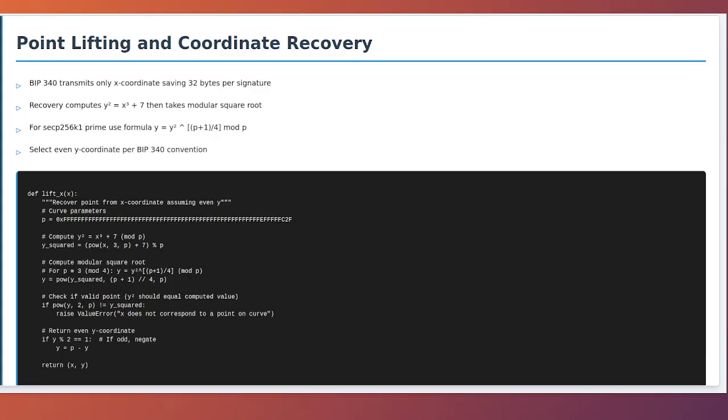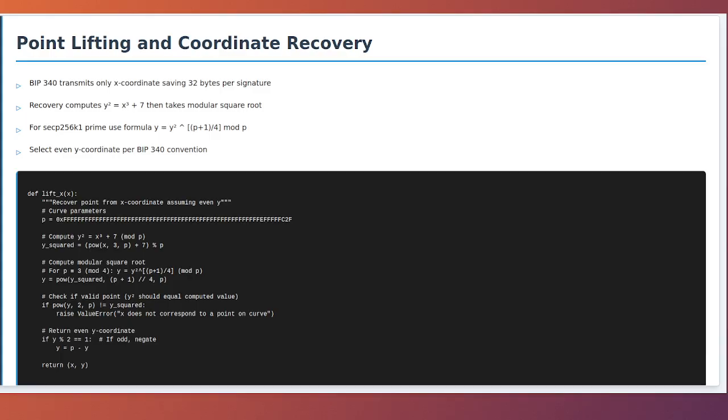Implementing point lifting requires careful handling of edge cases. First, we need to check that the x-coordinate represents a valid point on the curve, meaning that x cubed plus 7 modulo p is indeed a quadratic residue. If it is not, then there is no point on the curve with this x-coordinate, and the signature should be rejected as invalid.